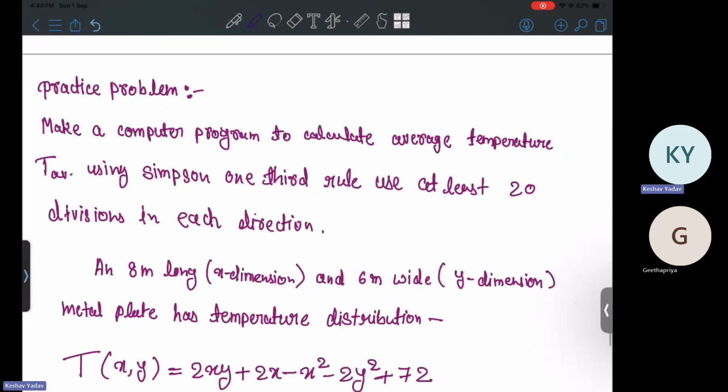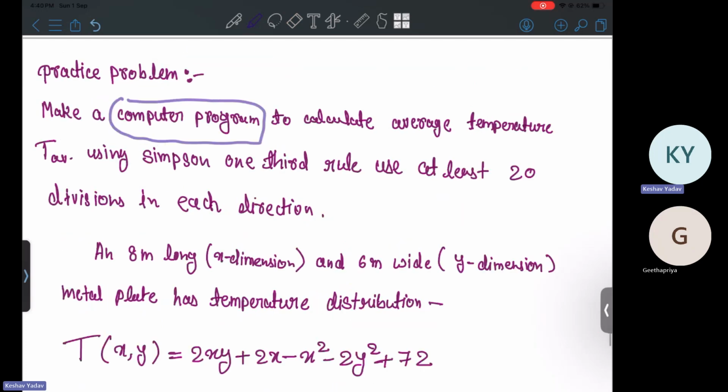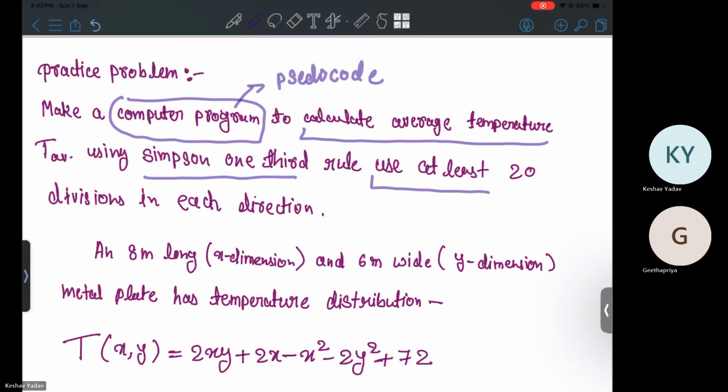So do we go ahead? Now what do we want to do? Now we want to write a computer program. Maybe that may not be possible since there is a time constraint, so we'll write a pseudo code to calculate the average temperature using the Simpson 1/3 rule by using n number of divisions.